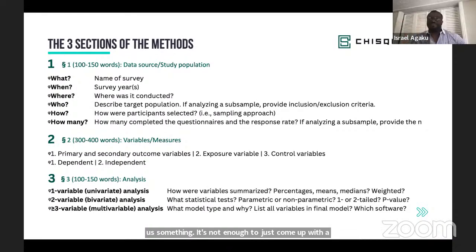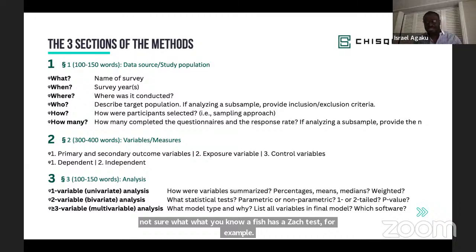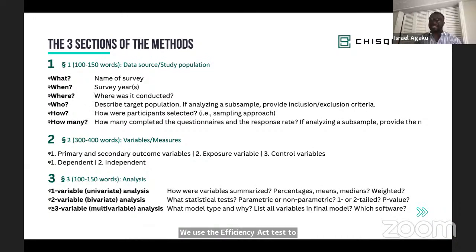Like, for example, a Fisher's exact test. We use the Fisher's exact test to assess the relationship between these two variables. Now, it's not every day you're reading a paper and you come across the Fisher's exact test. It's not a very usual test, right?